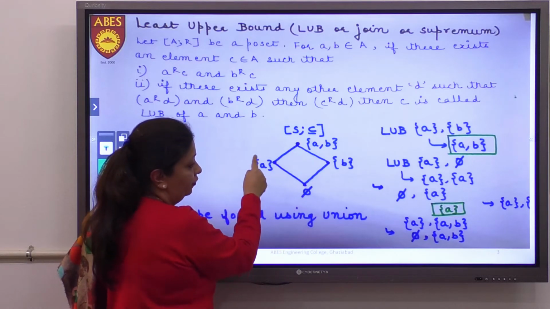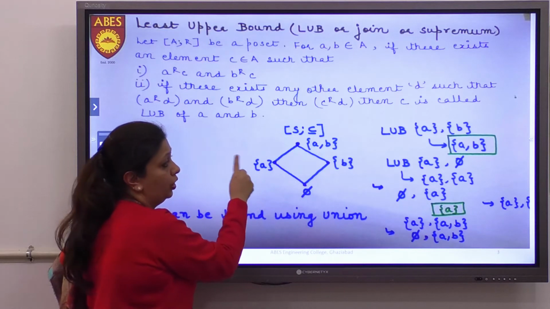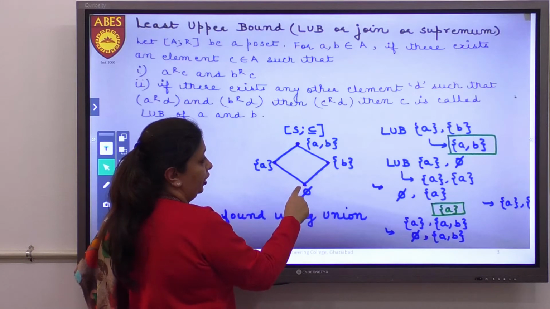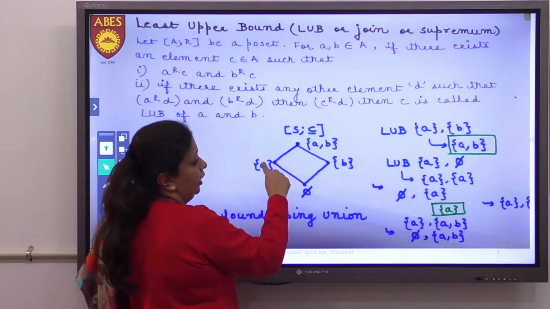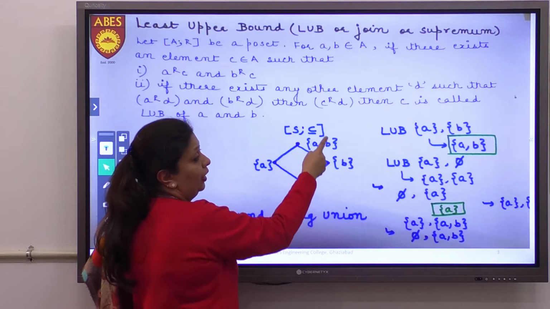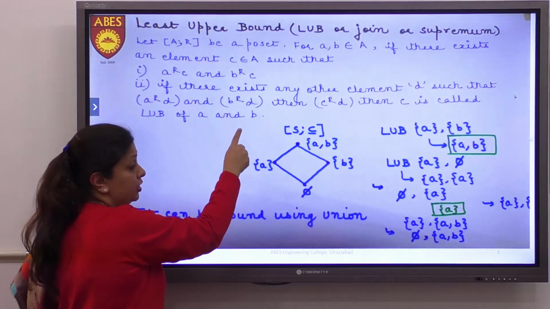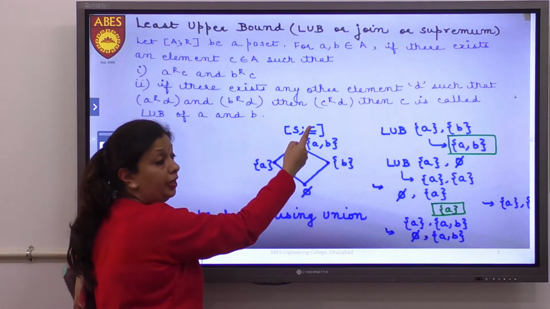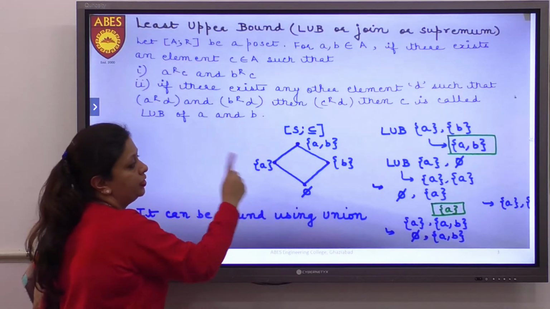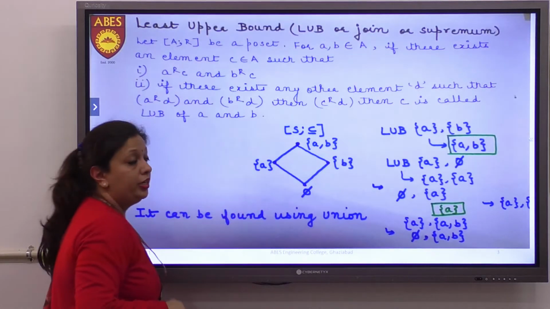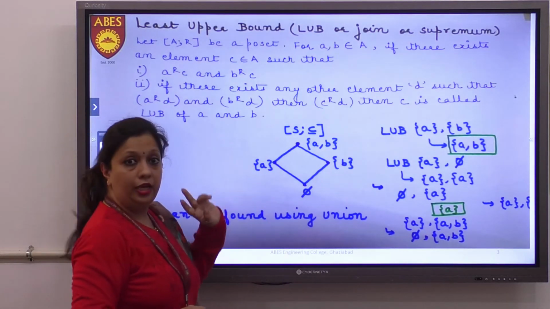So we have a, which is your least upper bound. We can also say that phi is related with ab and a is also related with ab, but this becomes your d. That is the second condition: if you have a c and you also have an element d, in that case also c remains your least upper bound. So here again a will remain the least upper bound for phi and a.